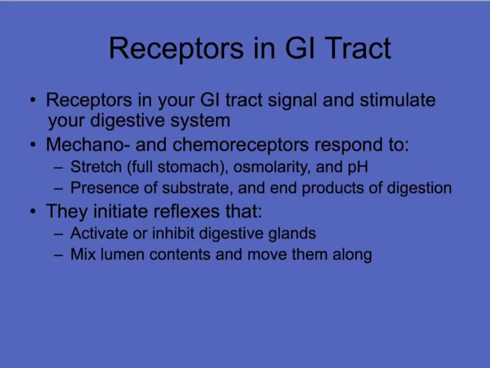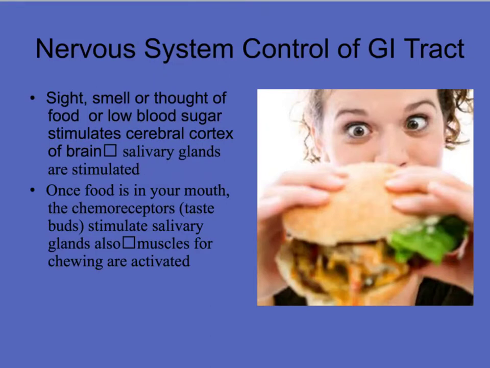When your large intestine picks up the fact that you've got waste there, it begins stimulating its peristalsis and other secretions and absorption of certain things. They initiate reflexes that activate or inhibit digestive glands and mix lumen contents and move them along. A lumen is, for example, the hollow part of the small intestine.